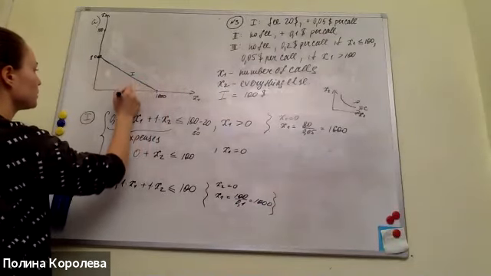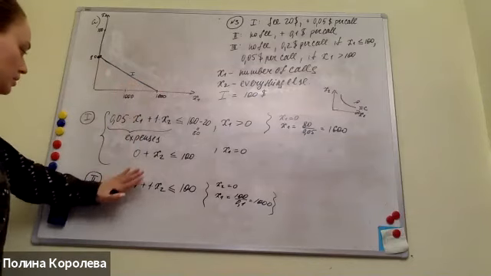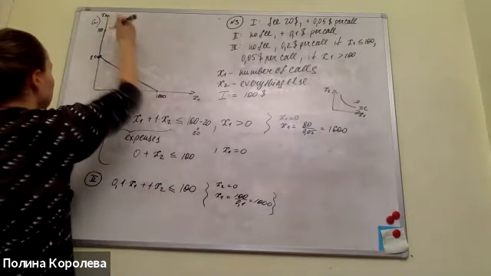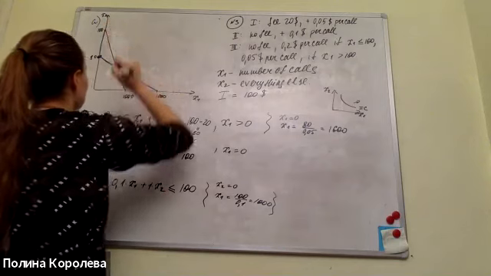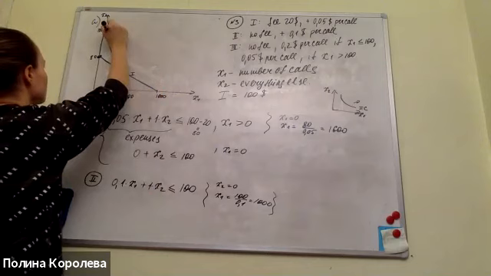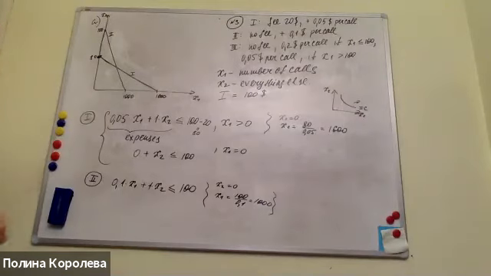Put it somewhere here. And if x1 is equal to 0, x2 equals 100. Here. This is the budget line for option 2. It's the easiest one.